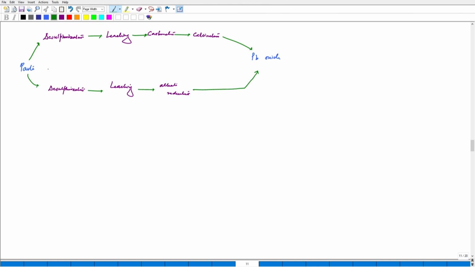Now, both these methods look similar, but we have different types of products generated at various stages. We'll try to look at some of these stages. When we are looking at desulfurization, we'll have desulfurized lead paste.